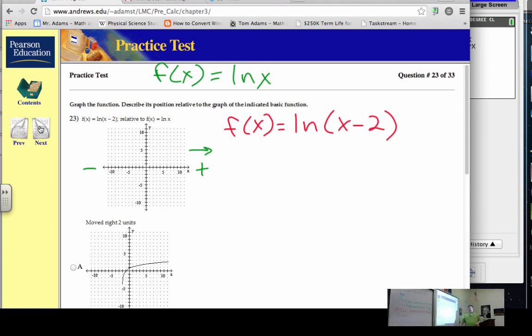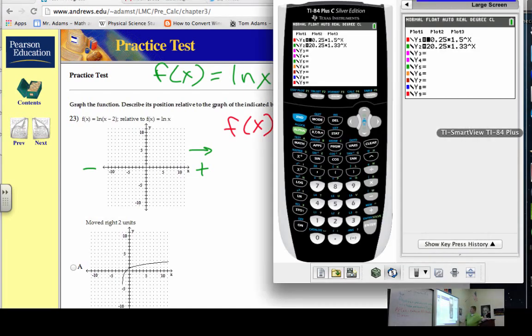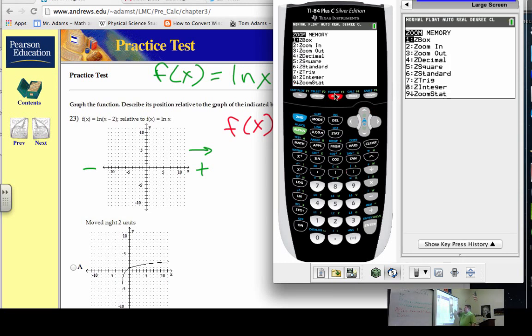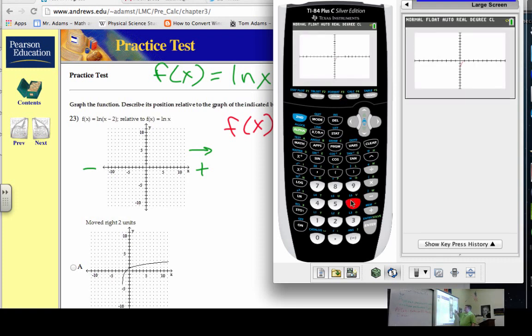So does anybody in here remember what the natural log of x looks like? Okay. Well, let's see what it looks like. So if I pull this up, let's clear this out, and we will graph the natural log of x, zoom standard, and that's what it looks like.